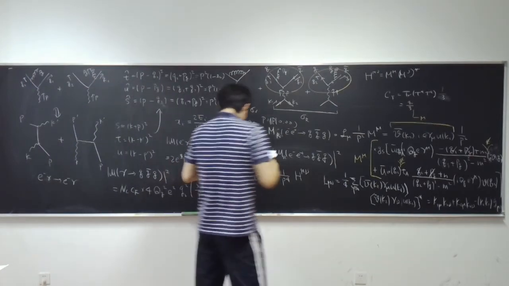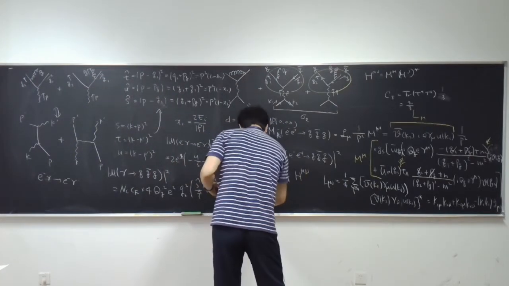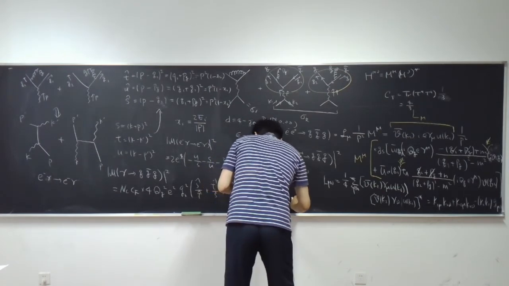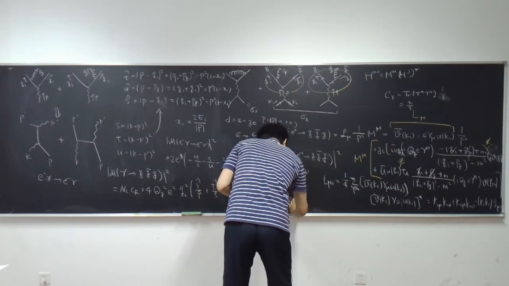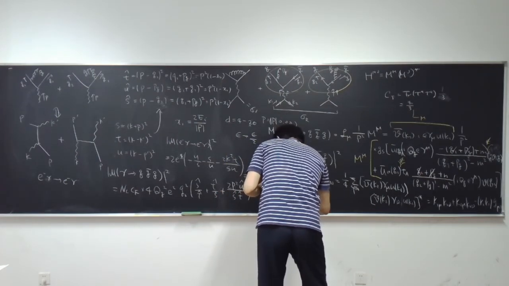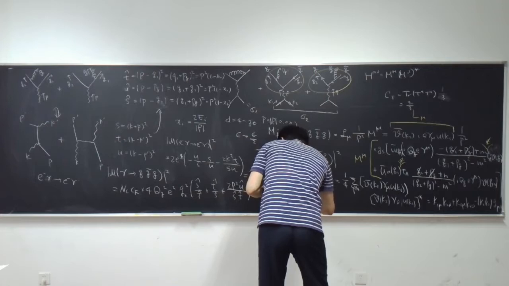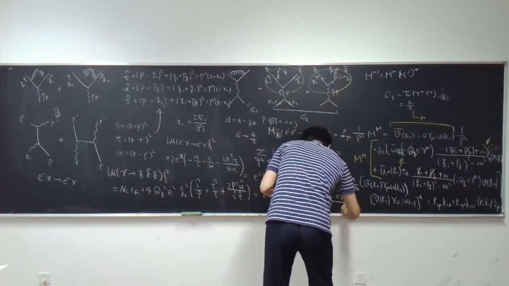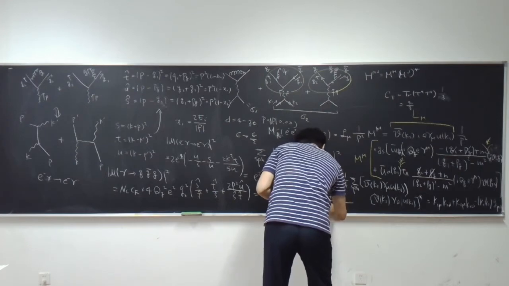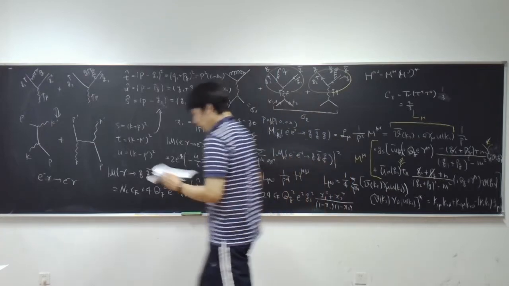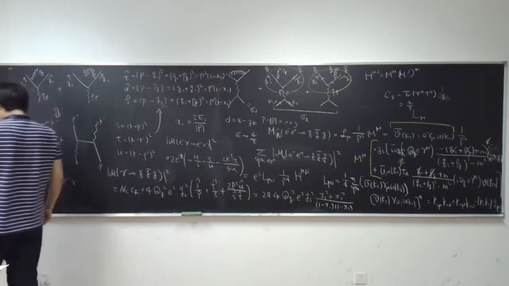Then what you get is indeed 24 CF, Q square, e square, GS square, times (x1 square plus x2 square) divided by (1 minus x1)(1 minus x2). That's how we obtain this result.